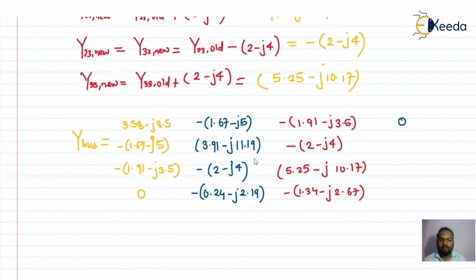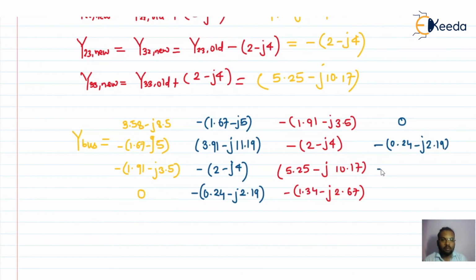Of course, this value will come here: minus of 0.24 minus j2.19.